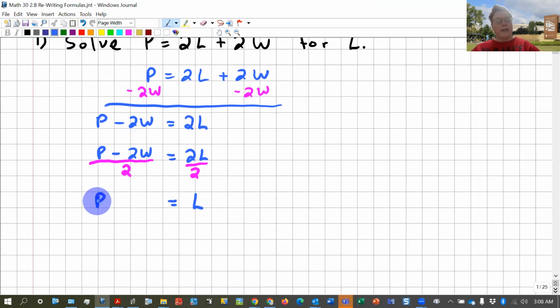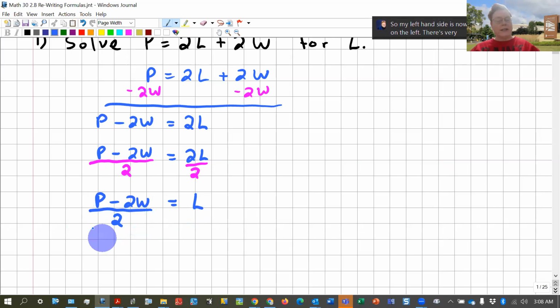So my left-hand side is now P minus 2W all over 2. Now, on the left, there's variables, constants, operations, but none of the variables are L, and the only L is on the right, and it's all by itself.